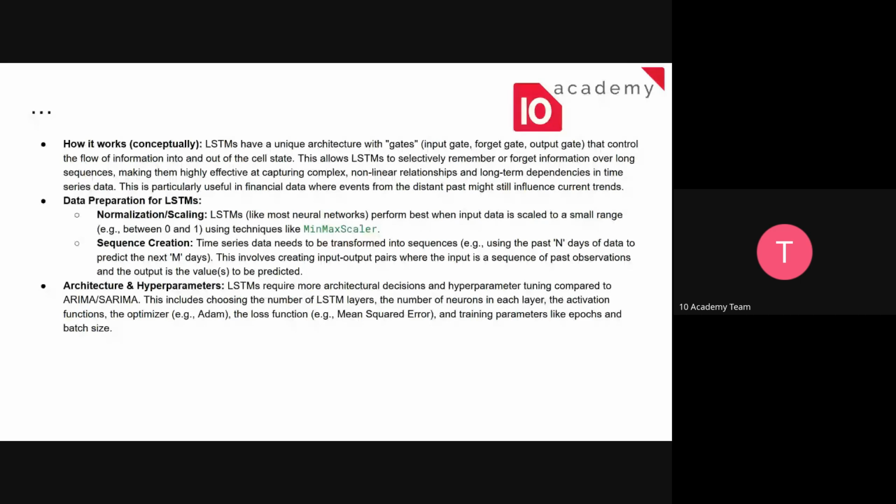We understand the concept of weight, right, in a neural network. LSTM will give more weight to the data that it feels is more important, not only based on the time range, but based on the significance of the data. That is the difference between LSTM and the other models.